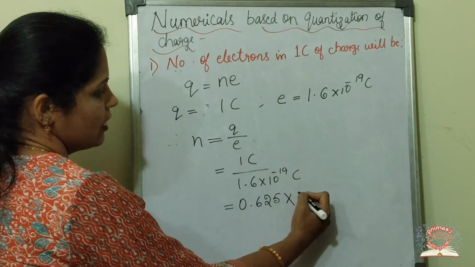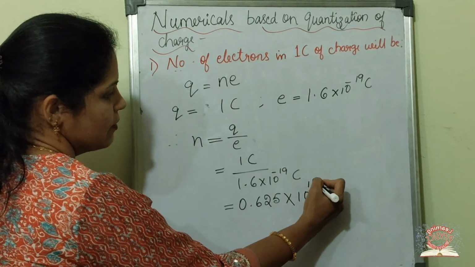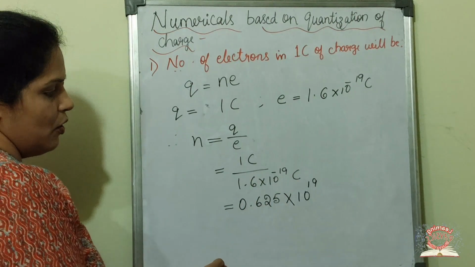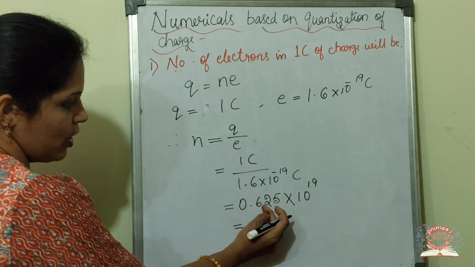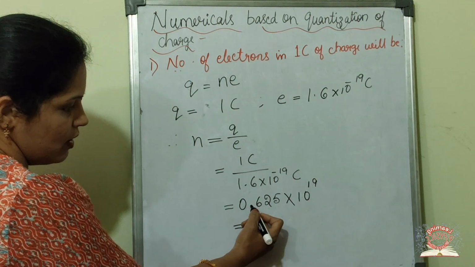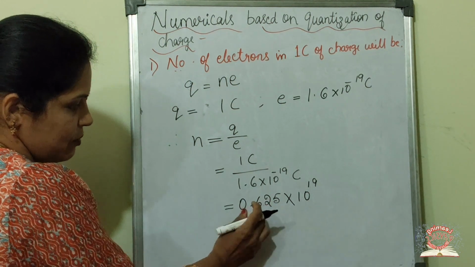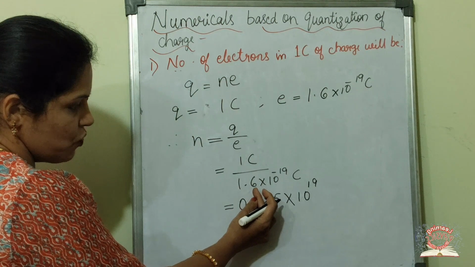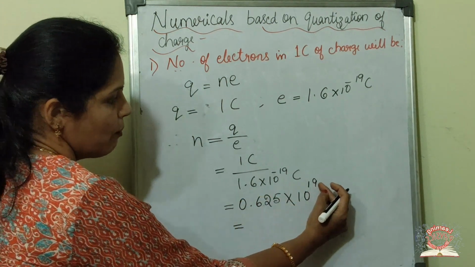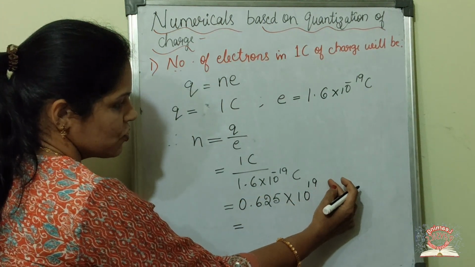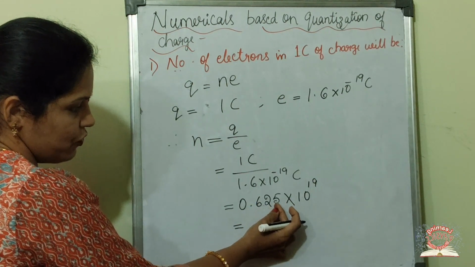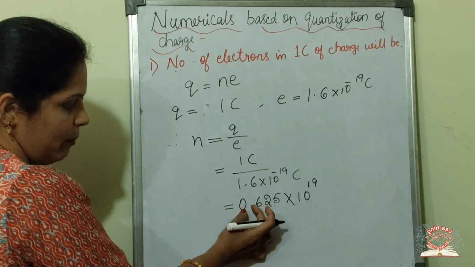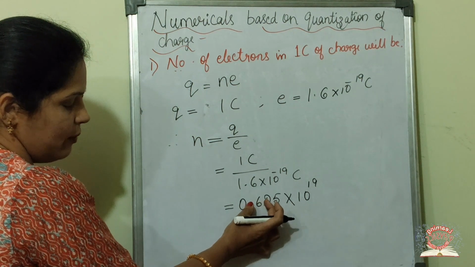And this power, when it goes to the numerator, it becomes plus 19. Now, to simplify it further, let us shift this decimal point to this side. That means 10 power minus 1 is introduced. We know that if I write 6.25, it is 10 power minus 1.